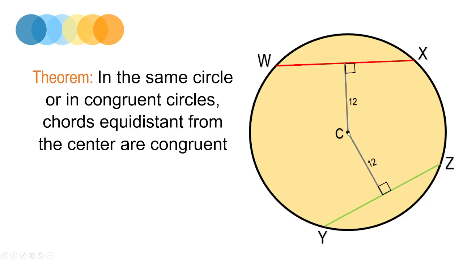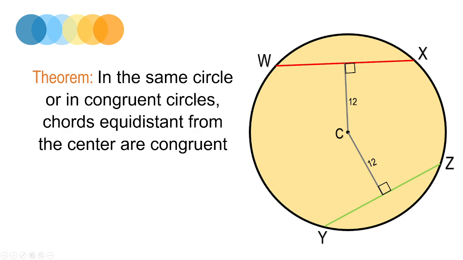When you say distance, it should be the one perpendicular. We can clearly see that this segment, being perpendicular to chord YZ, is the distance from point C to this chord. Similarly, this segment, being perpendicular to chord WX, represents the distance from the center to the chord. As you see, these two distances happen to be 12.